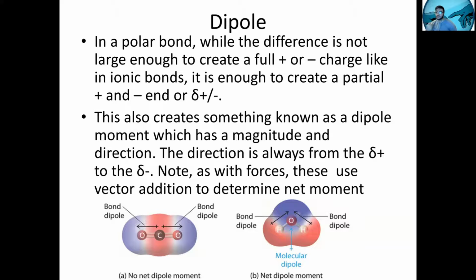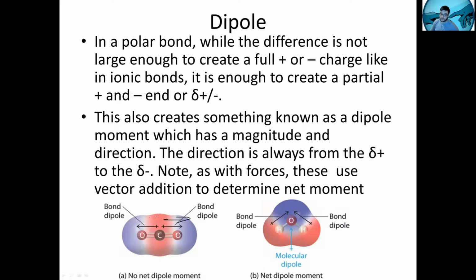And as with forces, they use vector addition, because they are vectors, to determine the net moment. For example, if you had two equal but opposite forces, they would cancel out and you would have no force on an object. If you had two equal but opposite dipole moments, they would cancel out and there would be no net dipole moment. Like in CO2, there's a moment from this carbon. Remember, carbon is much less electronegative than oxygen, so this is the positive end and this is the negative end.